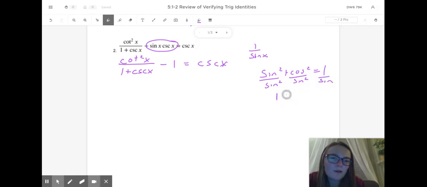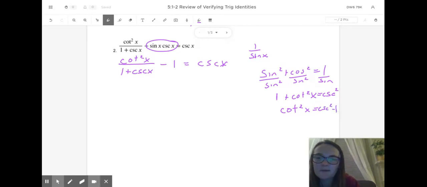And so I get 1 plus cotangent squared x. And obviously, you could just look this up on the internet too. It's fine. 1 plus cotangent squared x is equal to cosecant squared x. So if I solve for cotangent squared x, I get that cotangent squared x is equal to cosecant squared x minus 1.